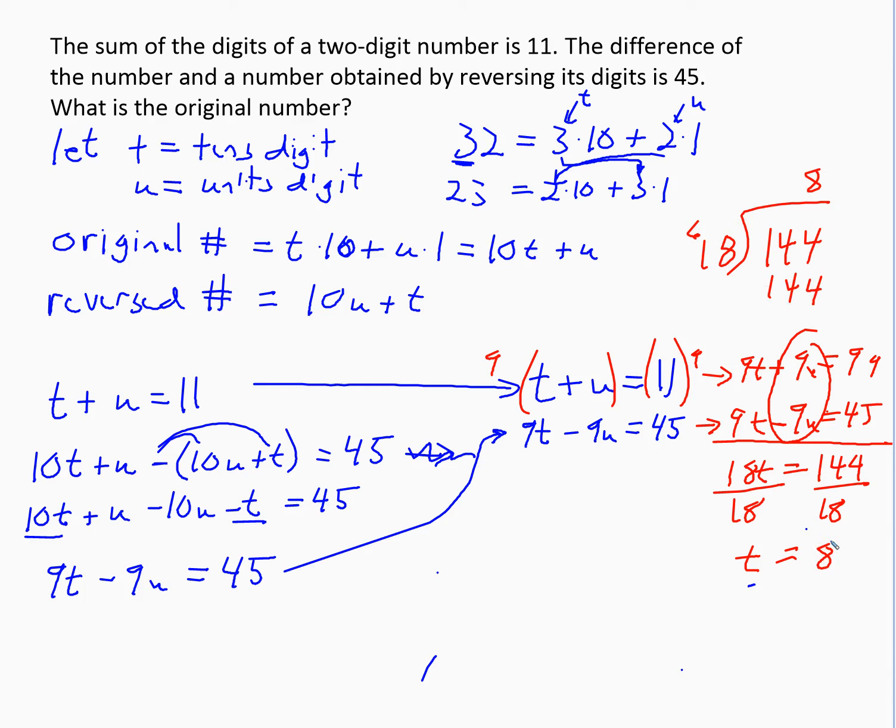So our tens digit is 8, which coming back over to here, if this is 8, this 8 plus what equals 11? The units digit has to be 3.